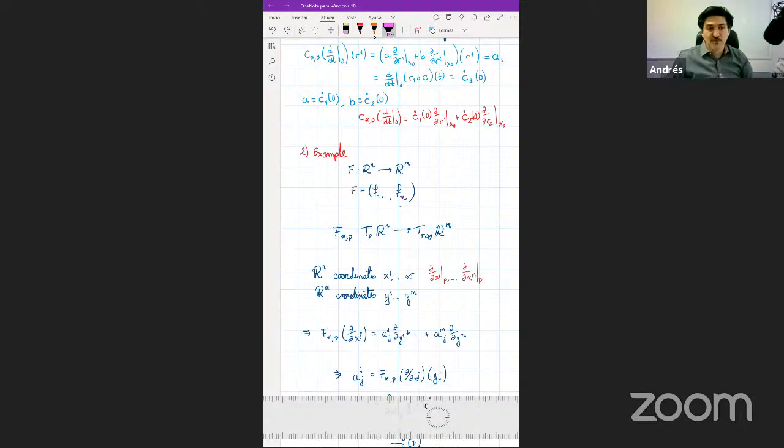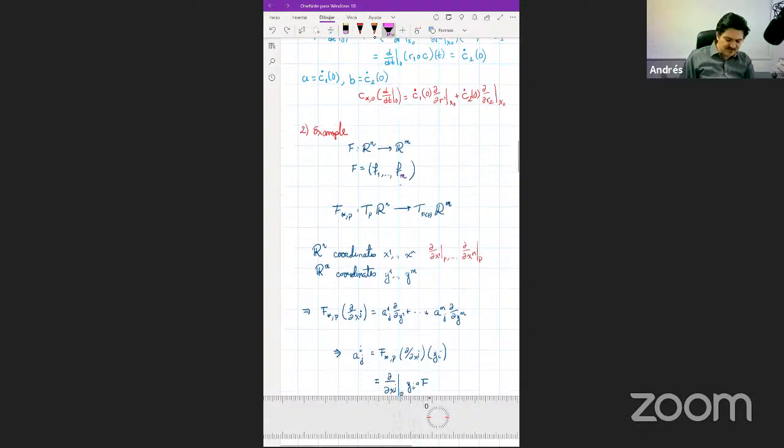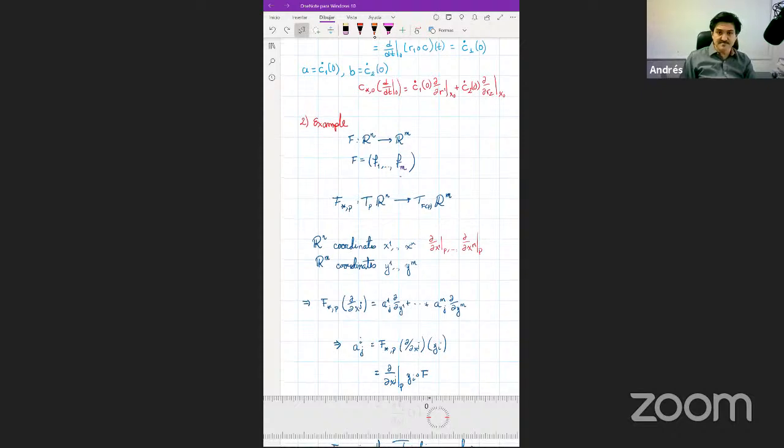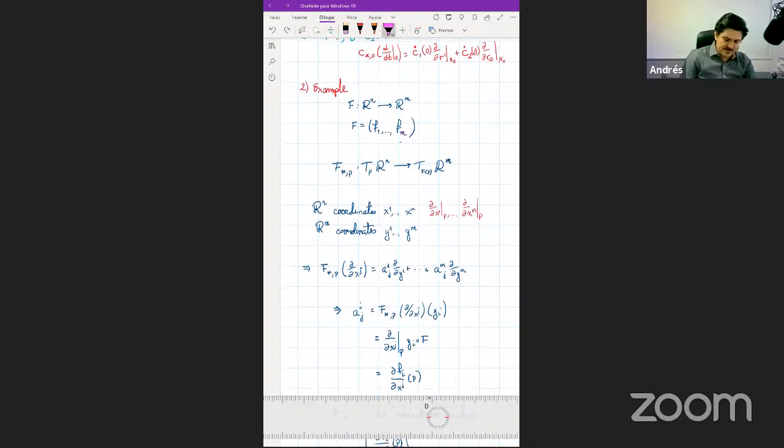I go through the definition of the differential, which is this, right? Now, remember, what is this? F is a function from here to here, while yi is the projection of the i entry in Rm. So this is equal to Fi.